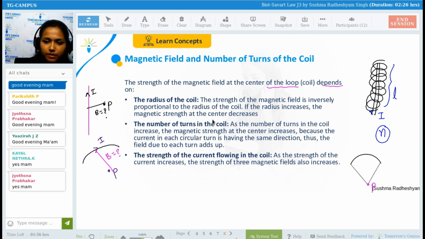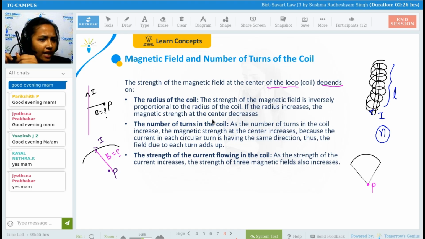Clear? My conductor does not always have to be straight. Maybe this is a wire, and we mold the wire like this, in any structure.